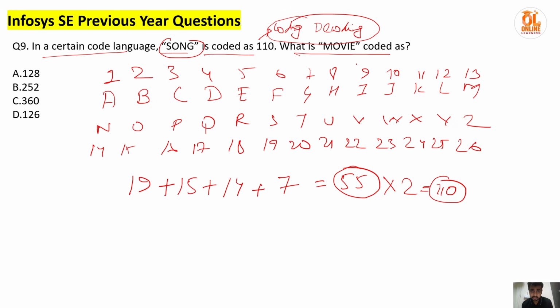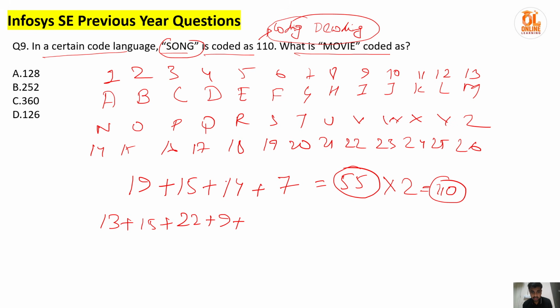Now let us code movie. M is 13. O is 15. V is 22. Plus I is 9.